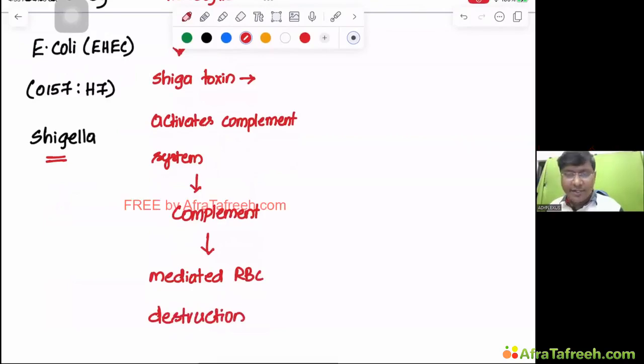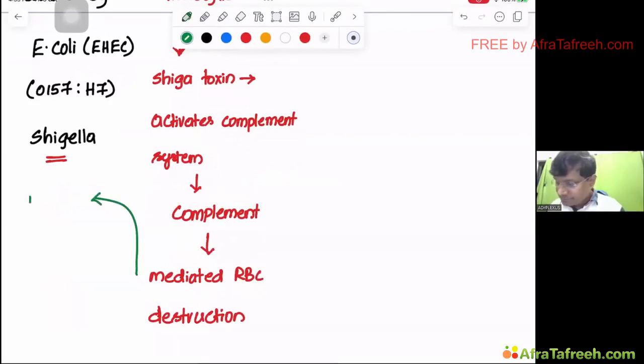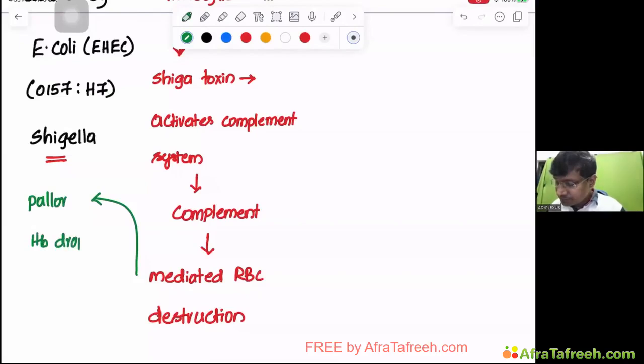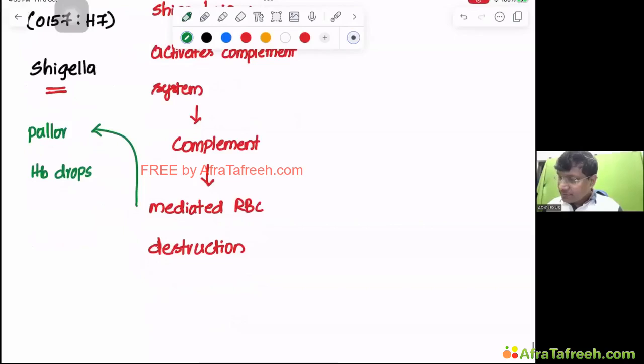Right? It's complement mediated RBC destruction. And because of this complement mediated RBC destruction, the individual is having anemia, that is pallor, and the hemoglobin drops down.